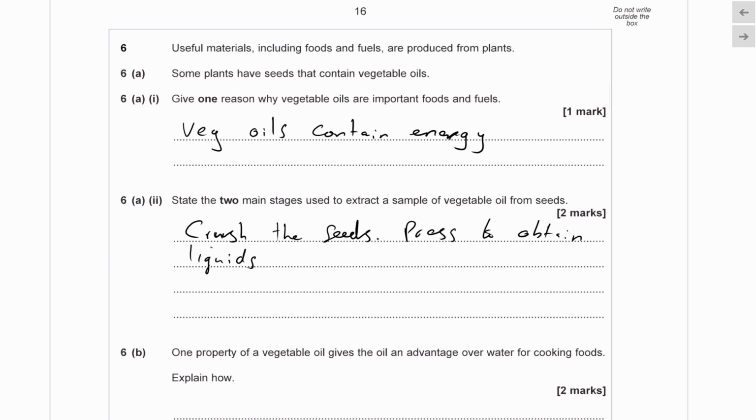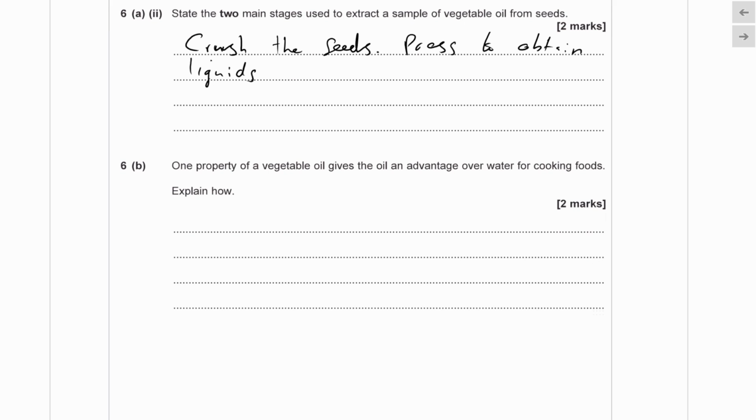Okay, so moving on, 6b, it says, one property of a vegetable oil gives the oil an advantage over water for cooking foods, and explain how. Alright, so with oils, the reason why you can go and get some fast food, and it's not good for you because it's using fats, obviously, but the reason why you can get the food fast is because it will cook things quicker than without using the oil. The reason for that is because vegetable oil has a high boiling point, right?